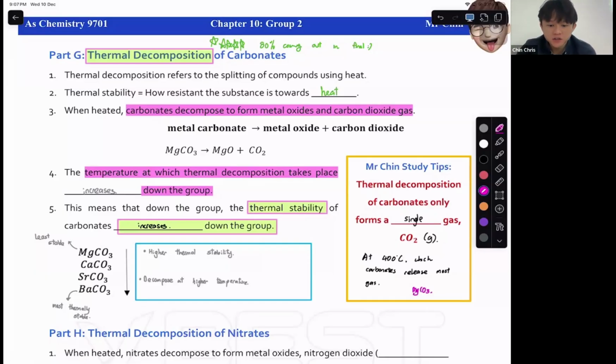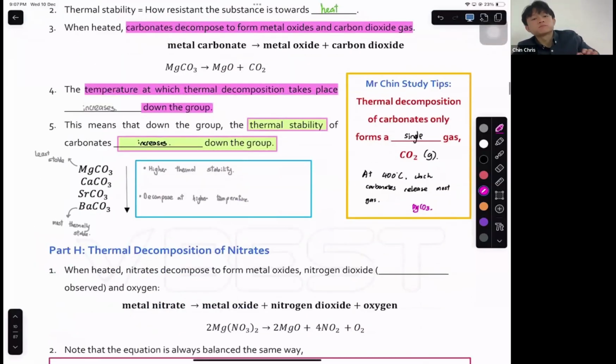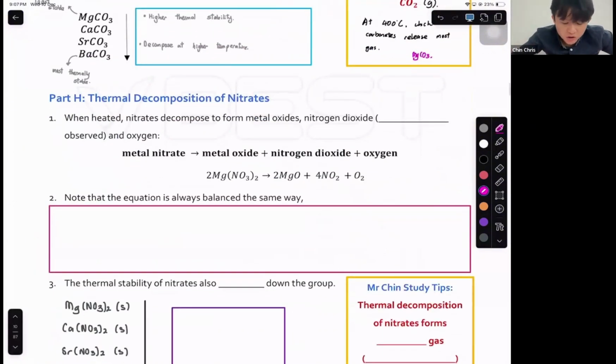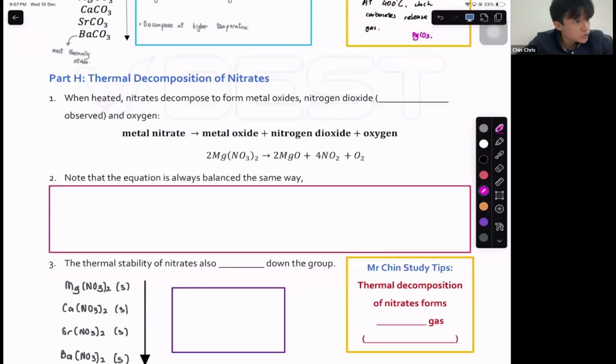Alright guys, now let's continue. Please write it down. Thermal decomposition of nitrate.